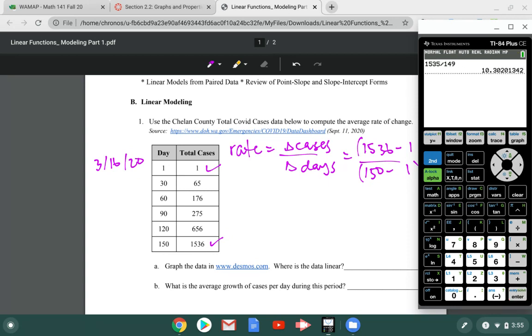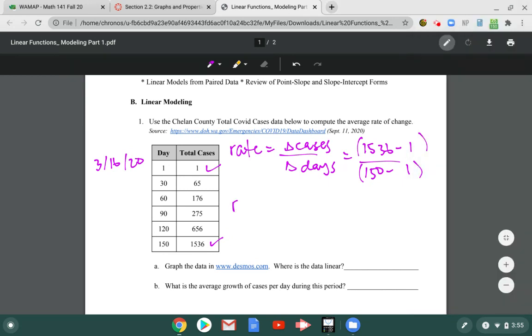That's going to be about 10.3. So my average rate is about 10.3, and this is cases per day.